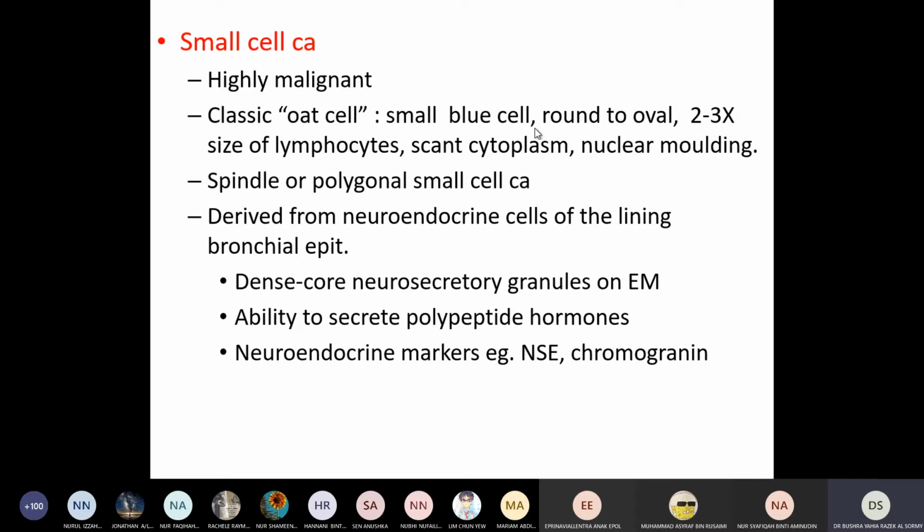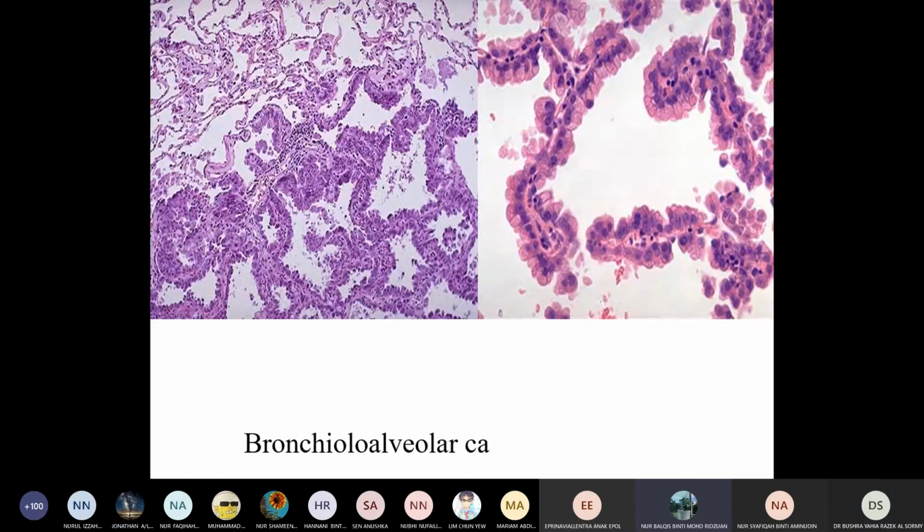Dr. Bushra, can you go back to the slide of the alveolar slide? This one? Yeah. So both of these are abnormal, or the right one is normal? This one is normal. You can see the alveolar wall, but here you can see the tumor arising there.